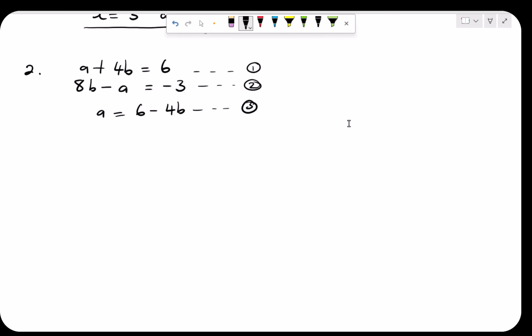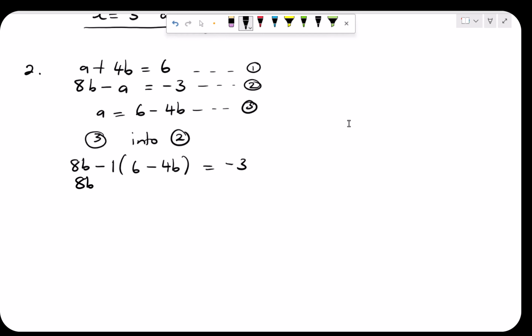So now substituting 3 into 2, we get 8b minus a, that is the same as 1a, right? So we get 8b minus (6 minus 4b) is equal to minus 3.